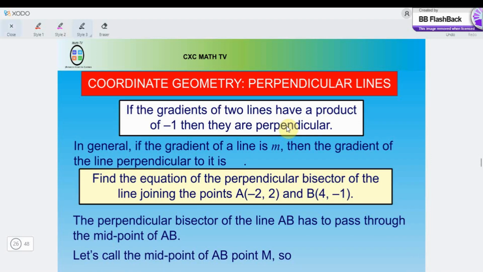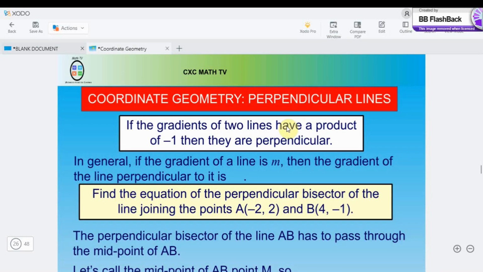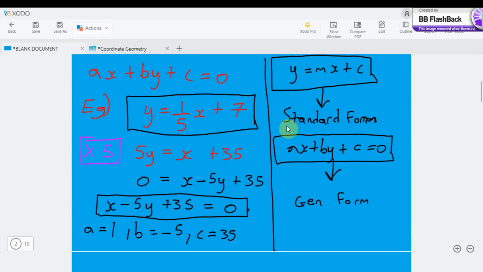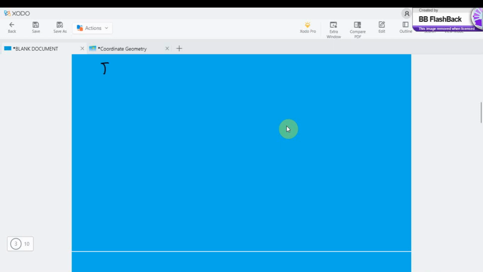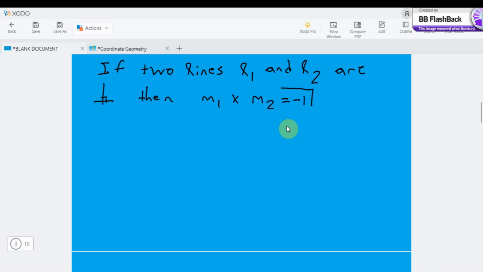Let me write that down for you in a statement, because I know sometimes seeing it so much in words, it's confusing. So I'll write it down in a statement. If two lines L1 and L2 are perpendicular, this symbol means perpendicular, then M1 times M2 is equal to negative 1.